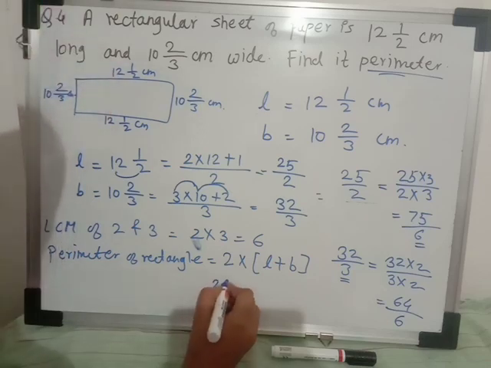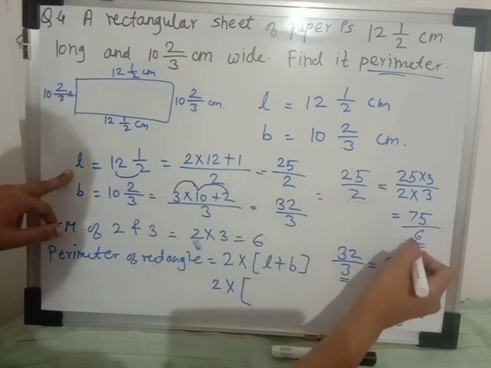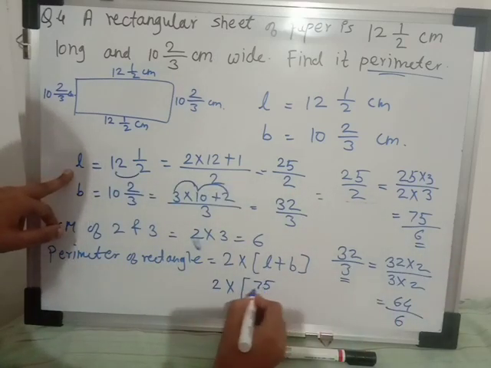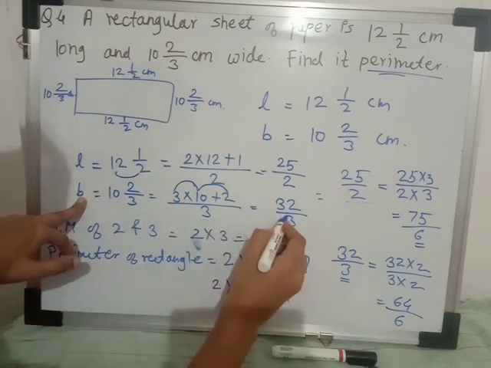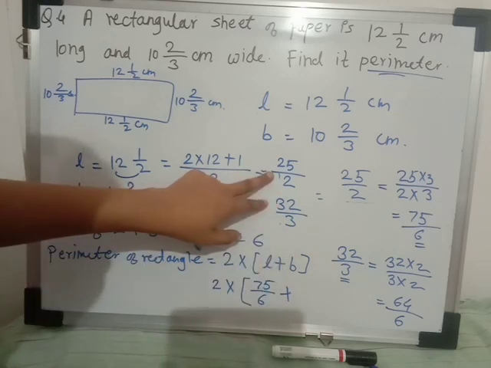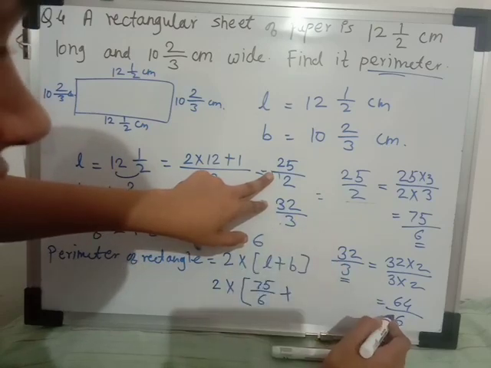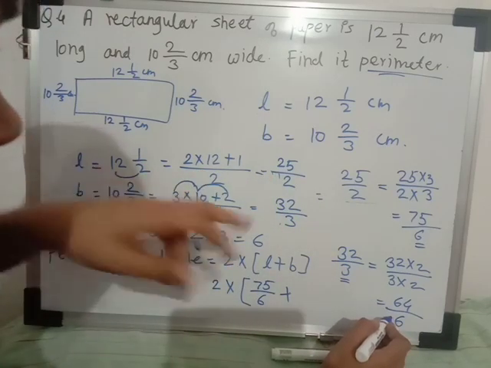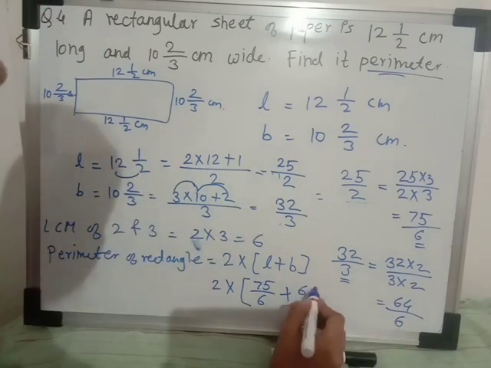So 2 multiply here L, we got our length, that is 75 by 6 plus, and here our breadth is, don't write this one, because here different denominators are there and we have made their denominators equal. So whatever the answer you get after making their denominator equal, that fraction you have to take. So 64 upon 6.